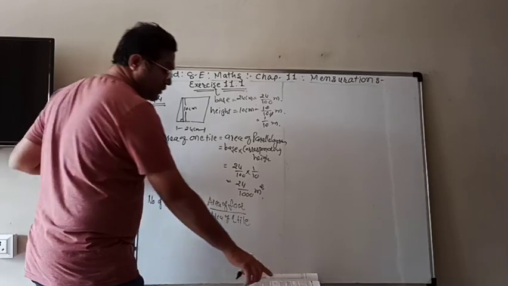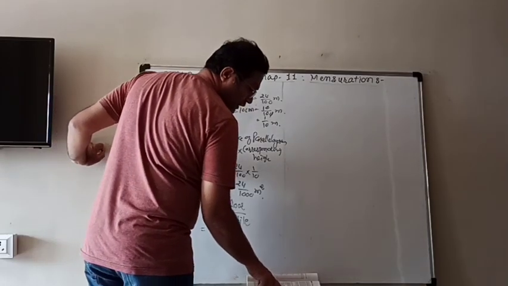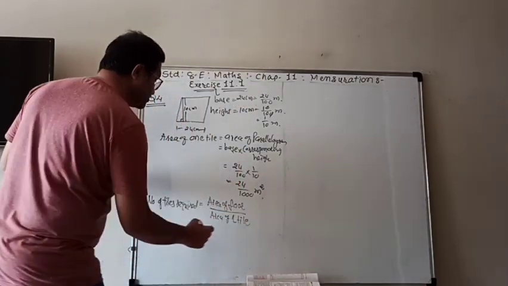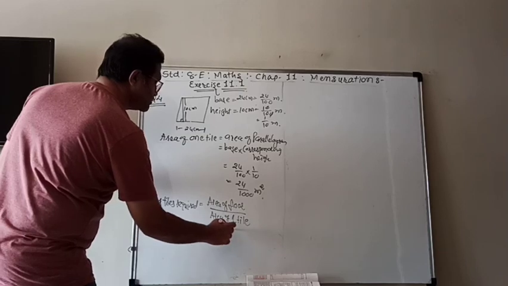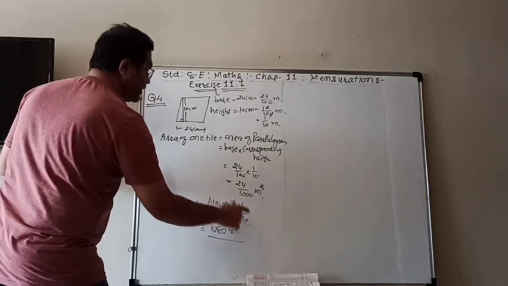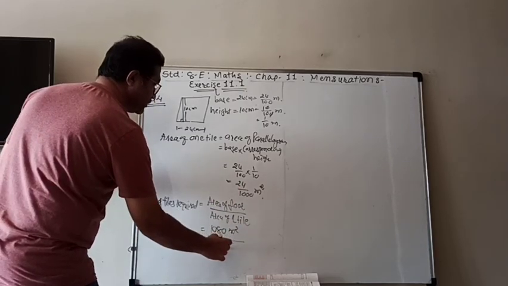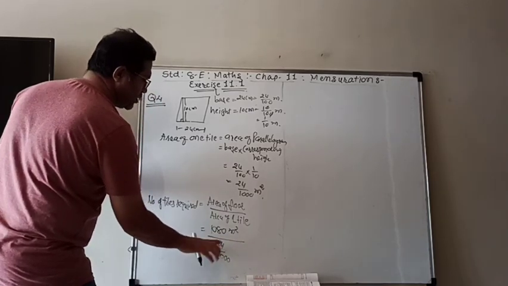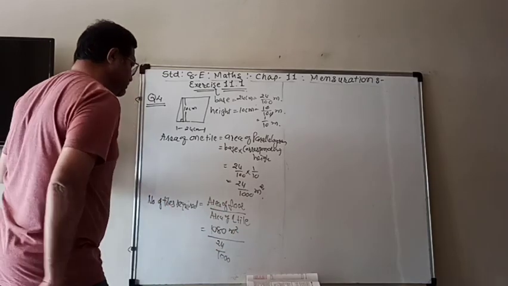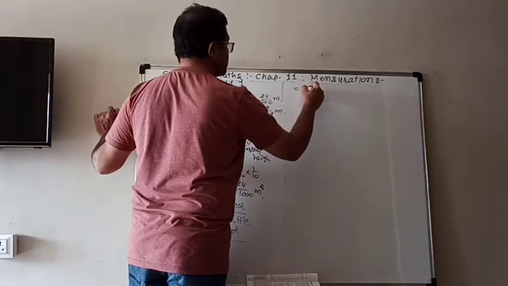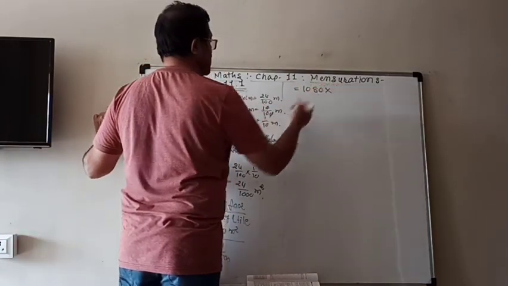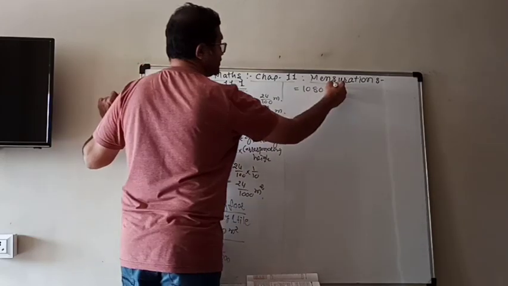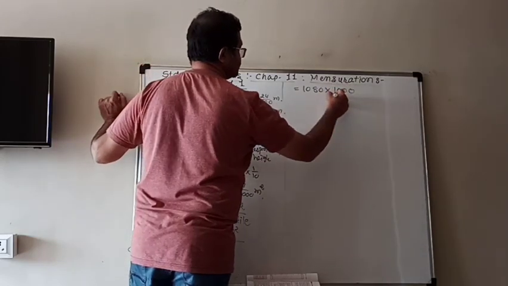So area of the floor is given as how much? 1080 meter square. Divide by this one, 24 upon 1000. Here you can see that it is a denominator in the denominator, so it will be flipped. So that is equal to 1080 multiplied by 1000 upon 24.